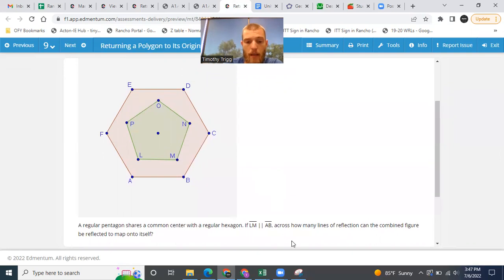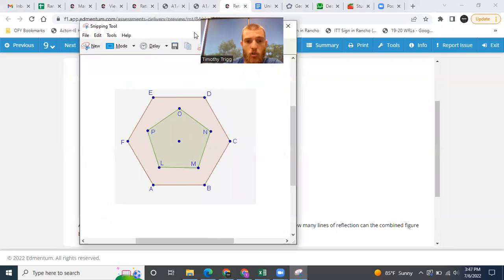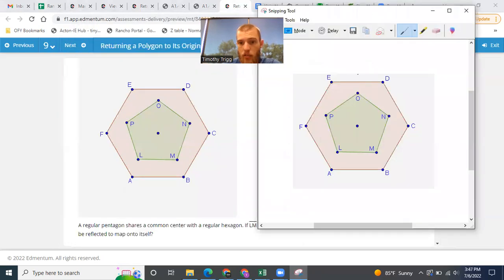So this is a tricky one, but let me go ahead and grab this image and let's see how many lines of symmetry or lines of reflection we can make here. So this one is a line of reflection for both those shapes, isn't it? So we know this one works. Would any others work? So perhaps this one. Does that work?